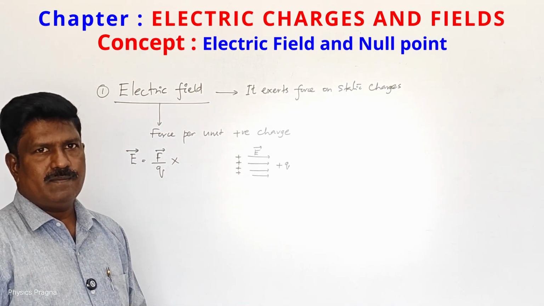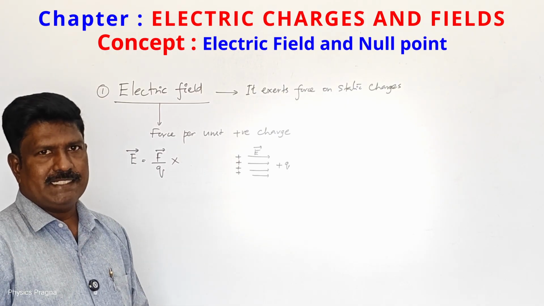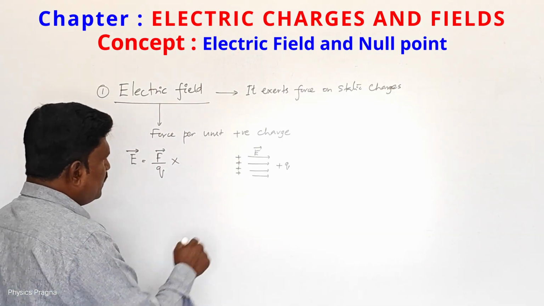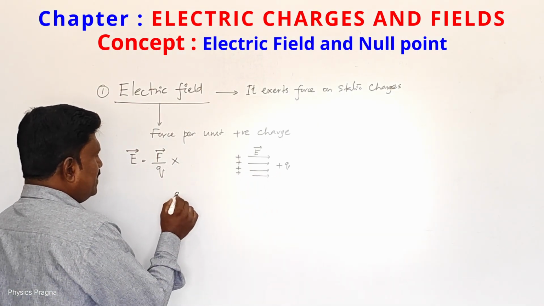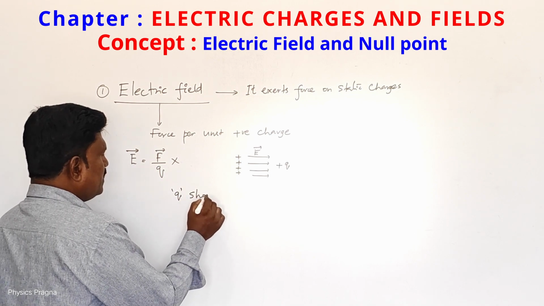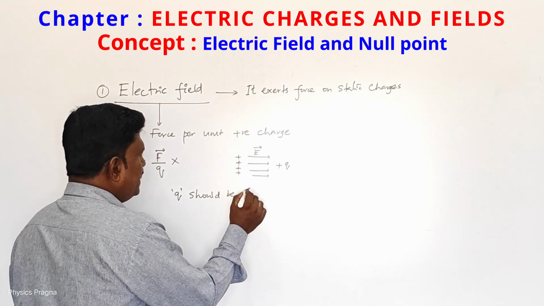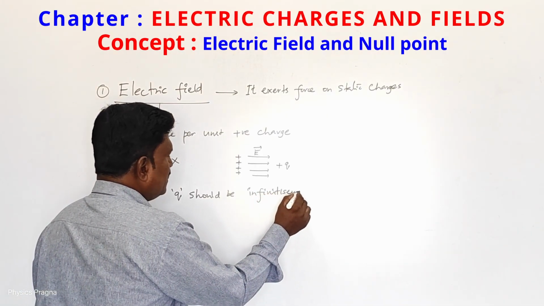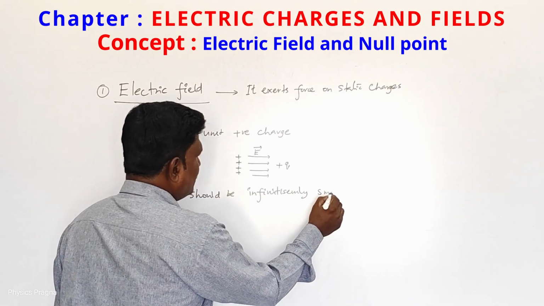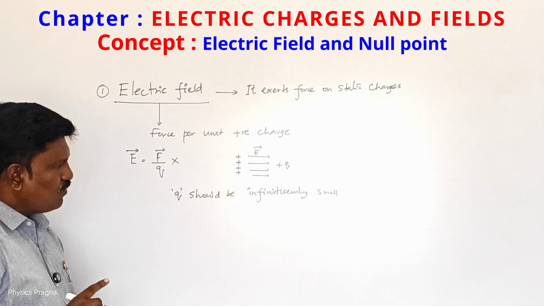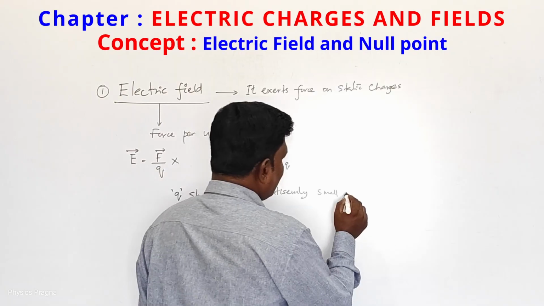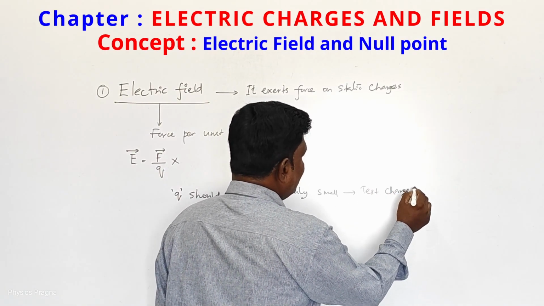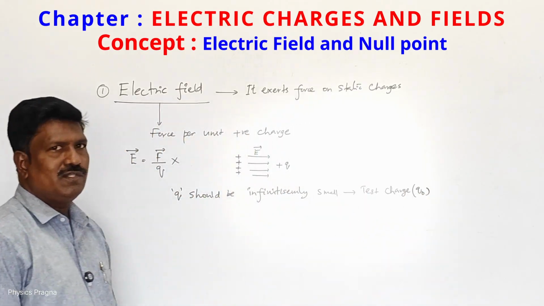So how to deal with this problem? If we use that formula as it is, we are not getting the exact value of electric field. So whatever charge Q we take, it should be infinitesimally small. That infinitesimally small charge is also called a test charge. The symbol we use for the test charge is Q naught.